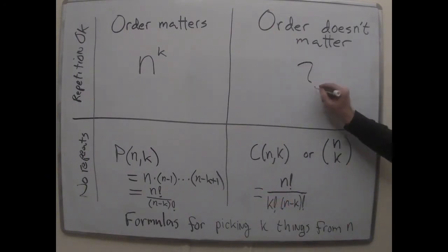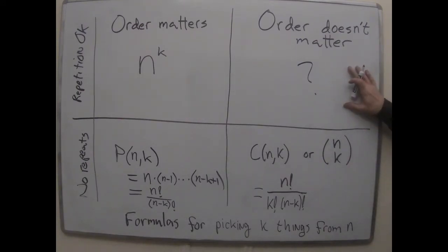But what do we do here? We haven't really seen an example of this setting before. Repetition is allowed, like the letters of Mississippi, right? You may have multiple copies of a single symbol, but then order doesn't matter. So what would you do with something like Mississippi if you didn't care about the order?